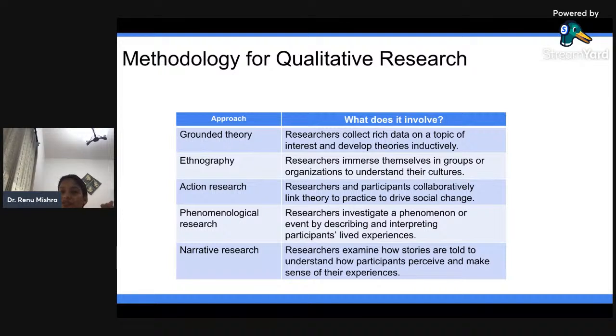Now when you talk about action research, it is an action-driven approach where the researcher and the participants both are trying to find a solution for a problem. This kind of approach generally happens, let's say for example, when there is an organizational issue, and the researcher from the organization's side calls somebody from outside as a consultant.